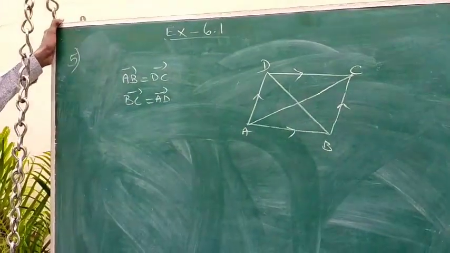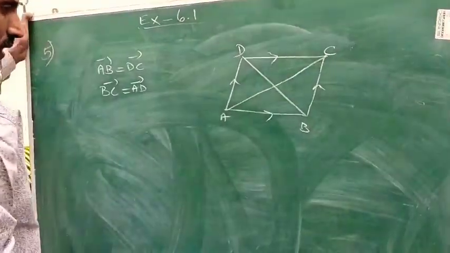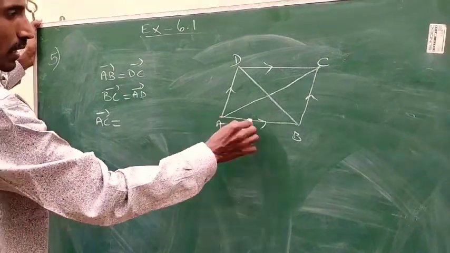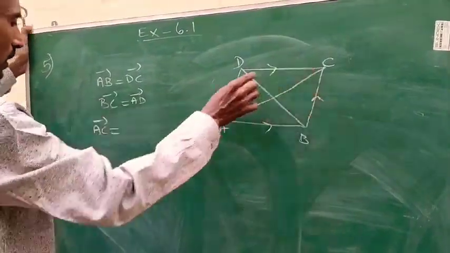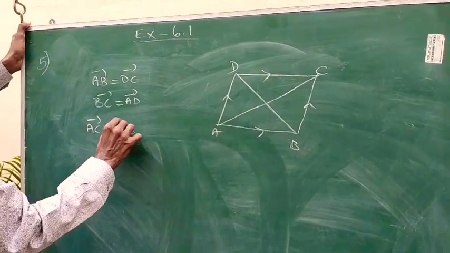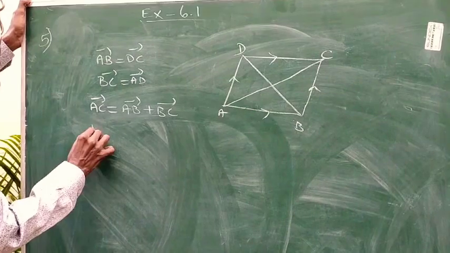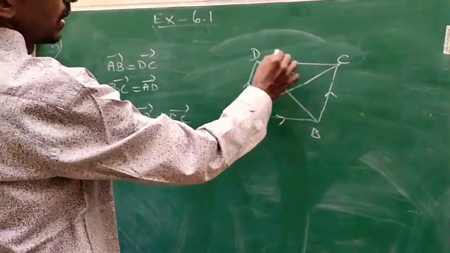Okay. So now consider AC and BD. AC vector equals AB plus BC, triangle law. Consider this triangle ABC, AB plus BC. And similarly BD vector. Take this triangle BDC.